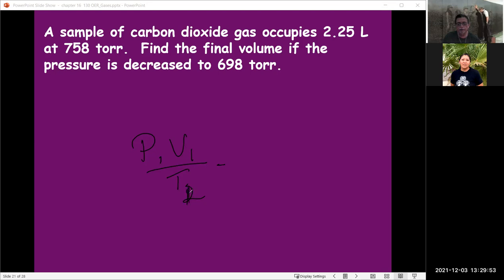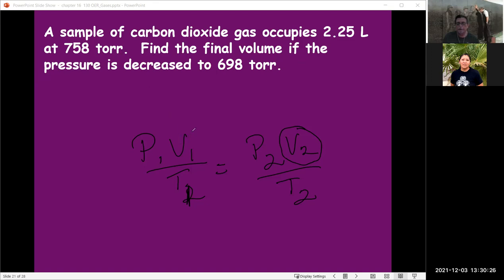P1, V1 over T1 equals P2, V2 over T2. Okay, the sample of carbon dioxide occupies 2.25 liters at 758 torr pressure. Find the final volume. So guess what? Final volume would be this. That is what we're looking for.